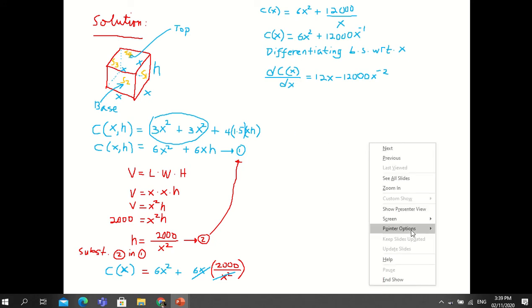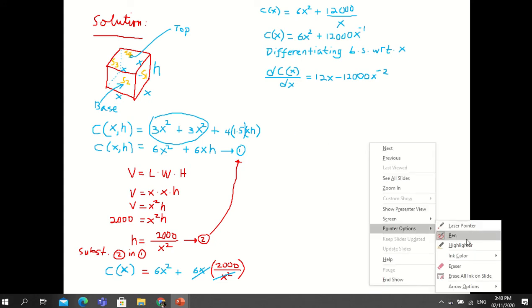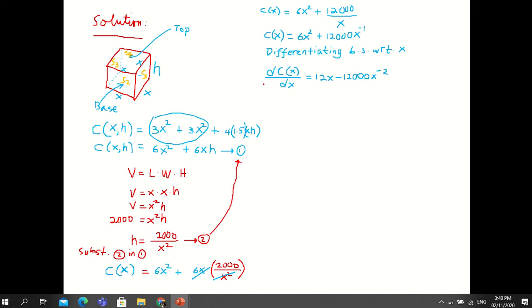Now, using the theorem, we have to set this part here equal to 0. Okay, so set this equal to 0.